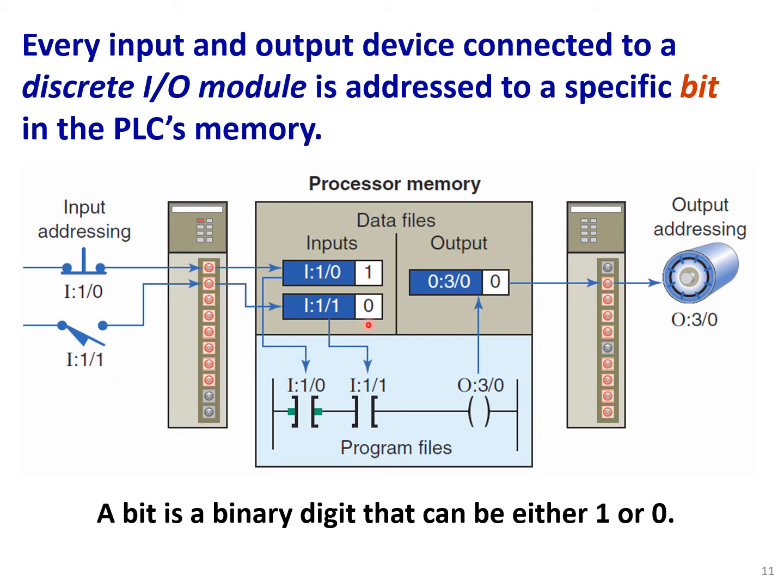And the value of the second one is 0. It means that it's open or is false at this moment. And the output here is, let's say, O30, and the value at this moment is 0 or false or off.